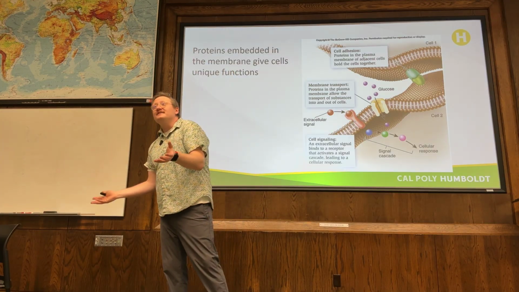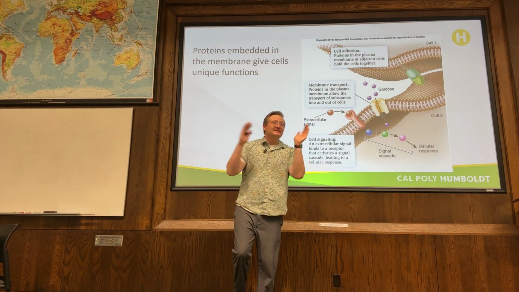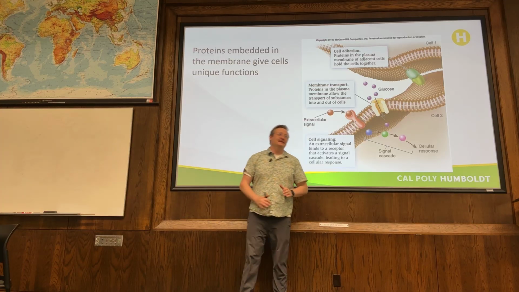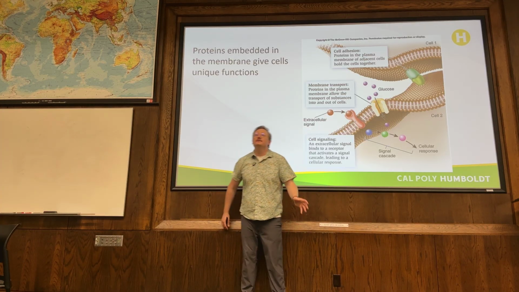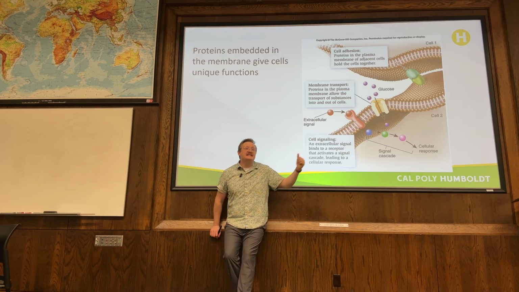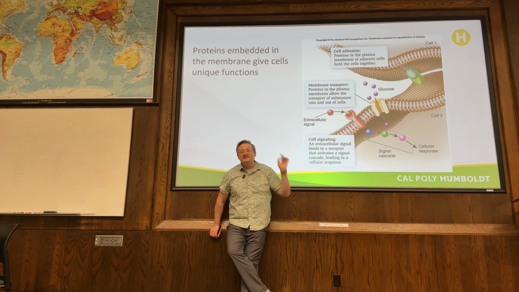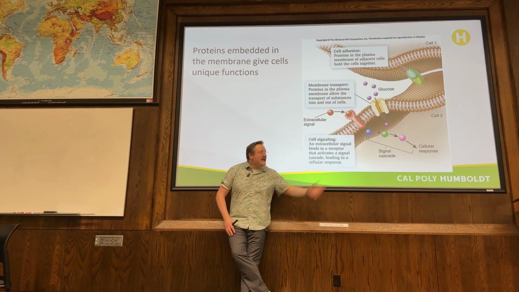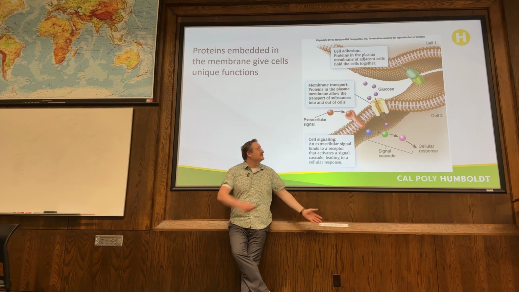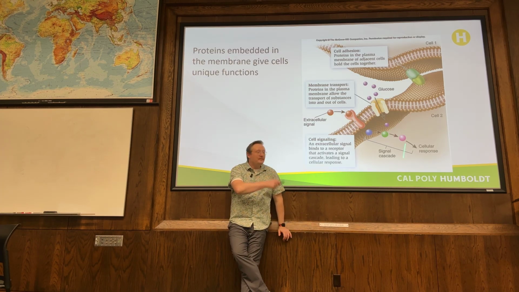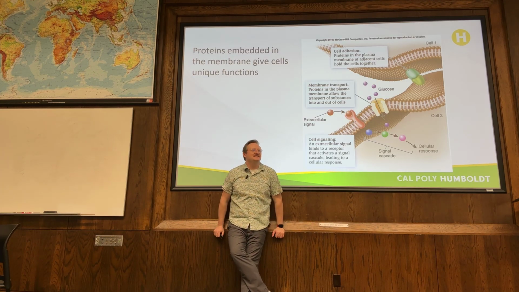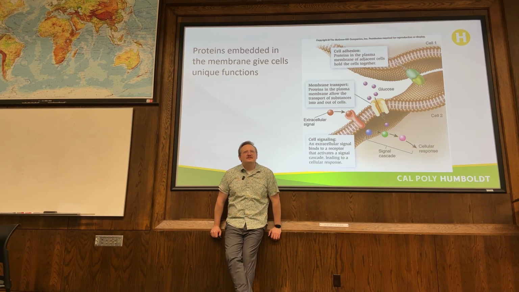One answer would be the proteins embedded in the phospholipid bilayer. That's what lets cells detect and respond to extracellular signals, or anchor to adjacent cells, or pump things in or out of the cell, all this different stuff. Cool?